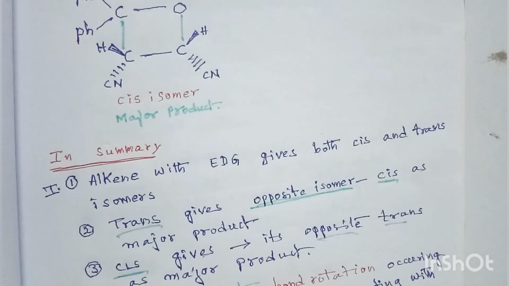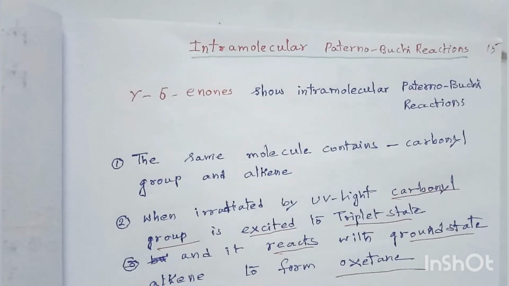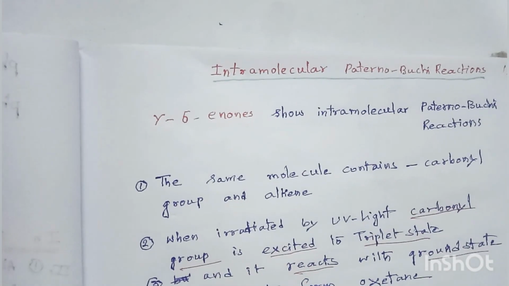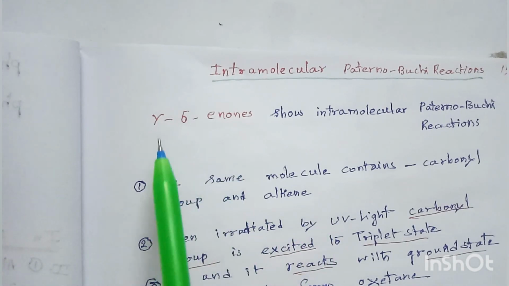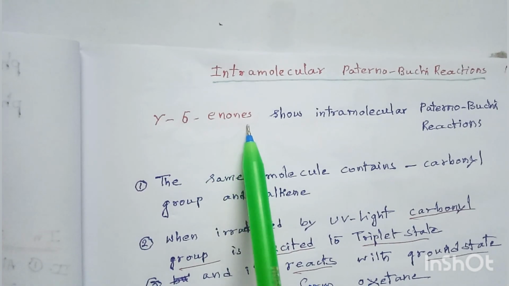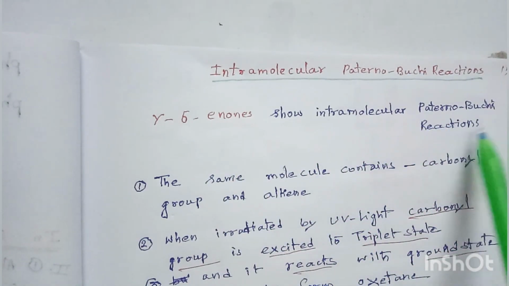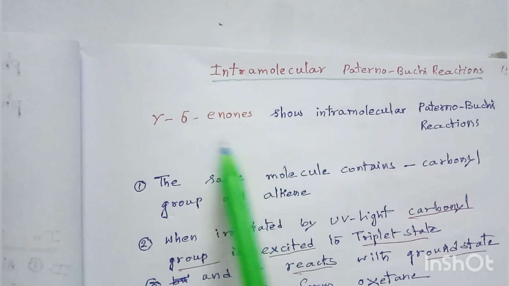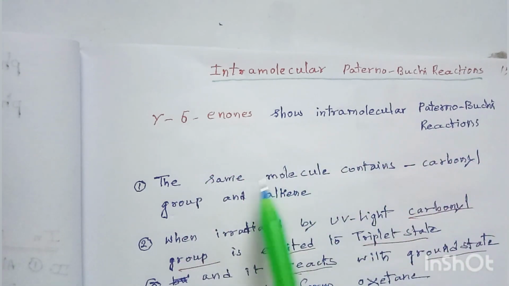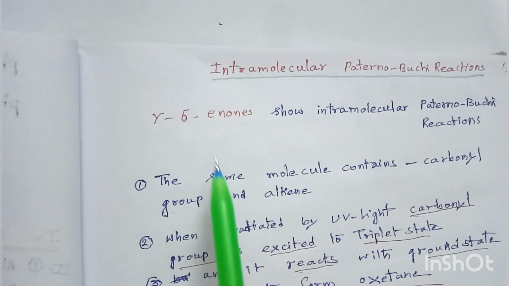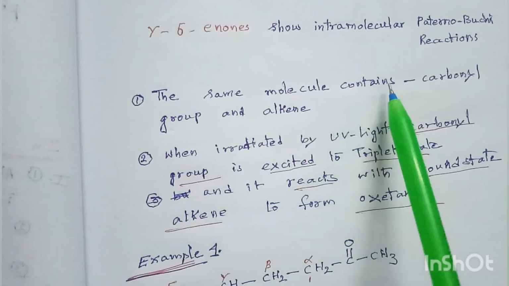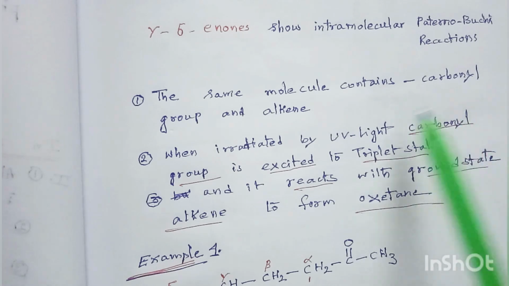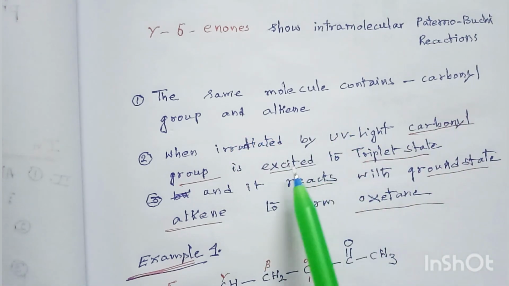Now let us see what is the intramolecular Paterno-Buchi reaction. Gamma delta enones show intramolecular Paterno-Buchi reactions upon irradiation by UV light. These gamma delta enones have, in the same molecule, a carbonyl group as well as an alkene.